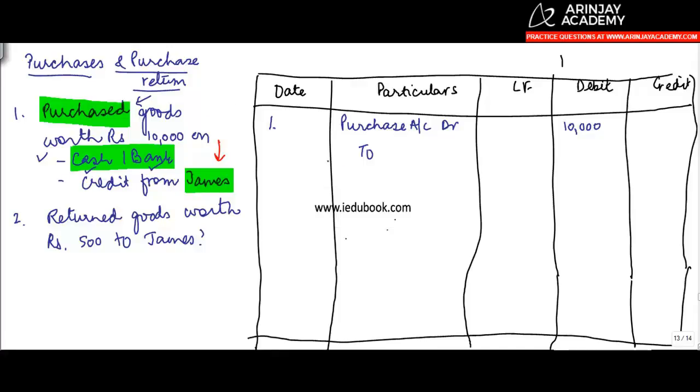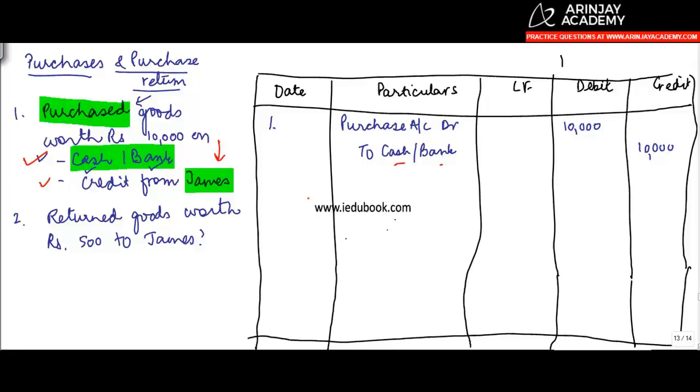And what do we do to a decrease in asset? That is credited. So you credit cash or bank account by 10,000. This is insofar as situation 1 is concerned. The narration being purchase is made through payment from cash or bank as the case may be.